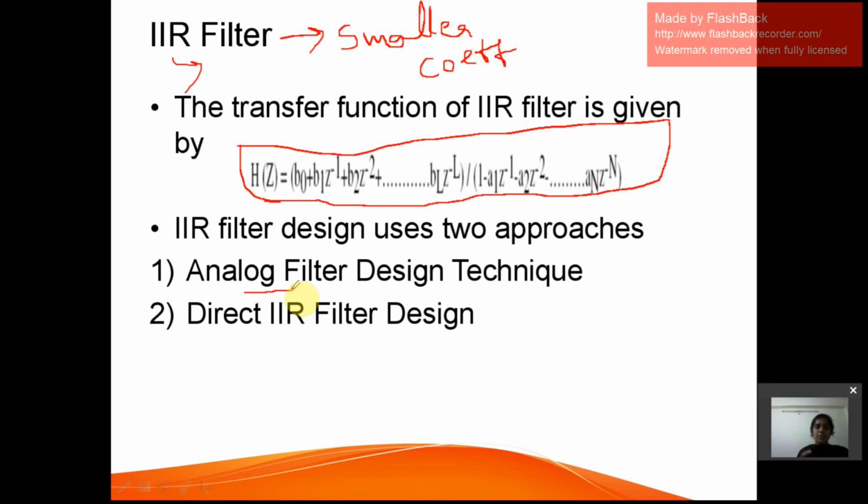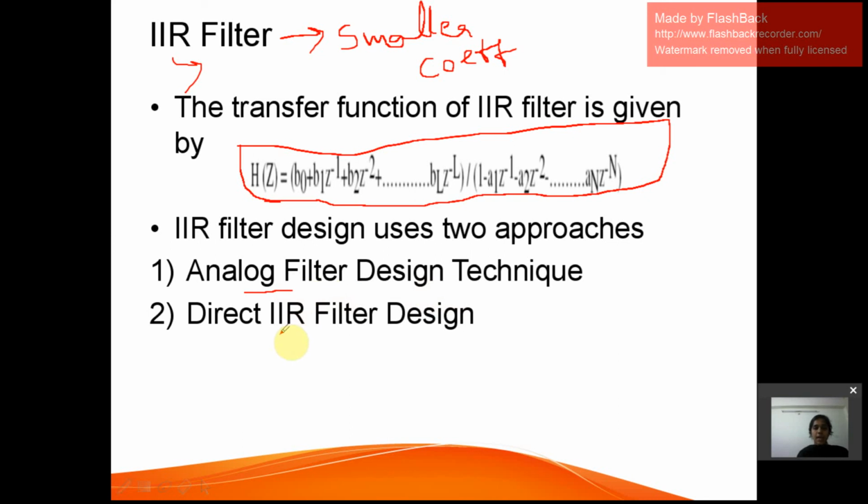First we design an analog filter, and it has to satisfy the filter specifications. That initially designed analog filter is converted into a digital filter by applying some transformations to it. That is what is done in this analog filter design technique.